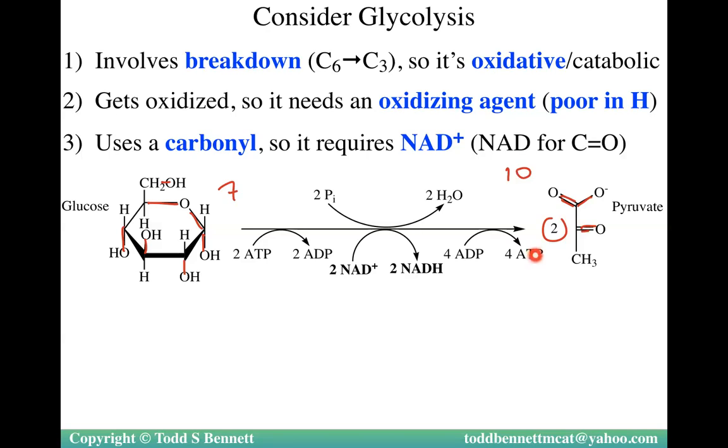If you're generating 2 ATP, you need to absorb 2 inorganic phosphates somehow. But most importantly, you are carrying out an oxidation reaction. So if this is oxidation for the overall molecule, then this must be getting reduced. You have NAD plus being reduced to NADH. It's gaining an H minus, gain of H minus, gain bonds to H, makes it reduction.